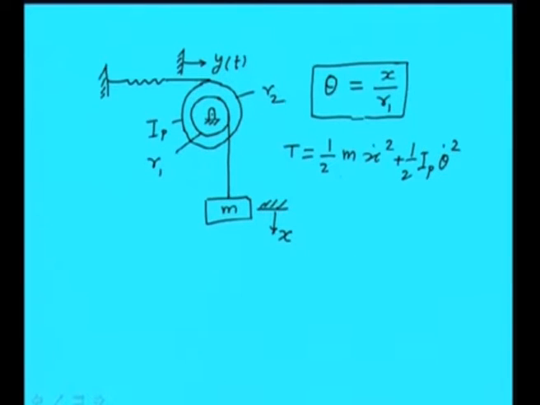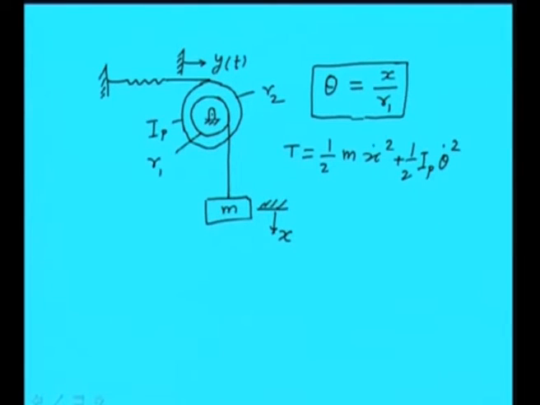So you can see that both linear and rotational kinetic energy are there. Now we have the extension of the spring because of this displacement, y, but this also we can relate with theta and subsequently with x.